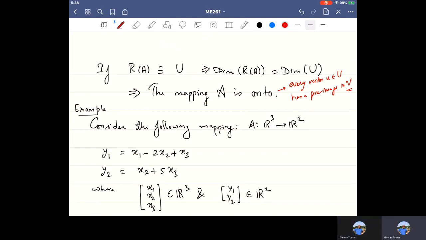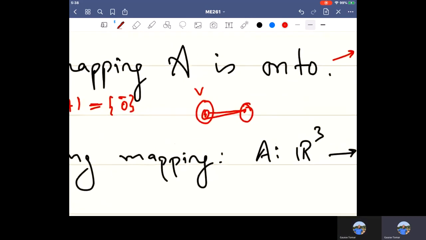Now, this does not mean that the kernel space is just this. You can have a bigger V and a smaller U. Let me do it properly, neatly here.